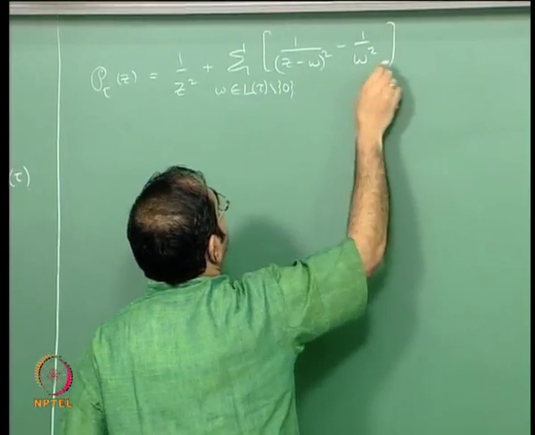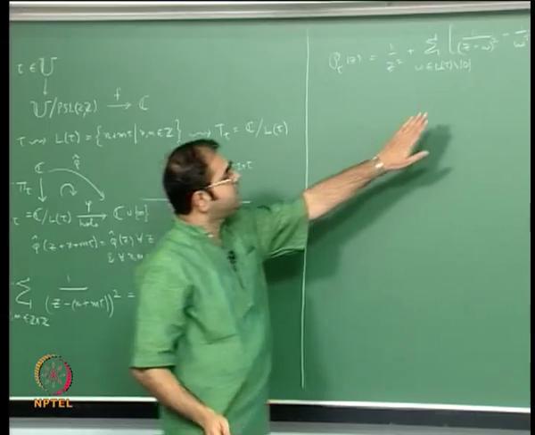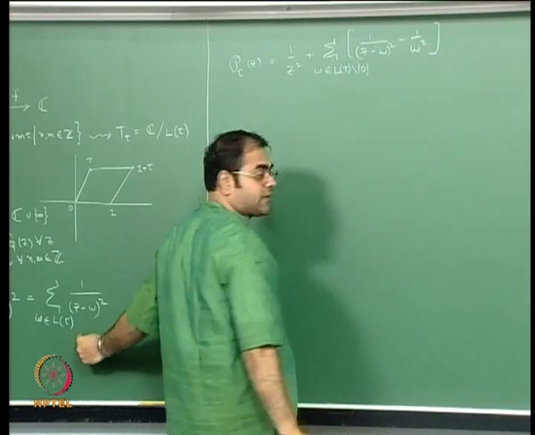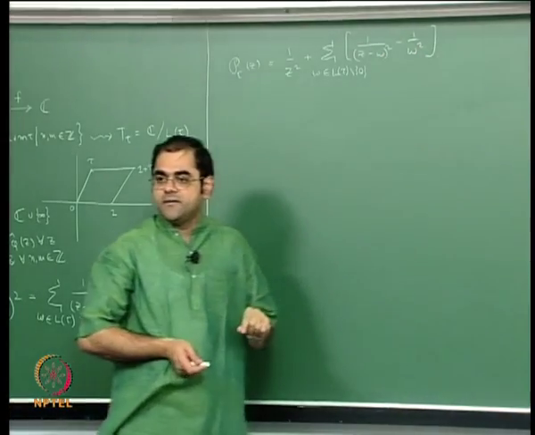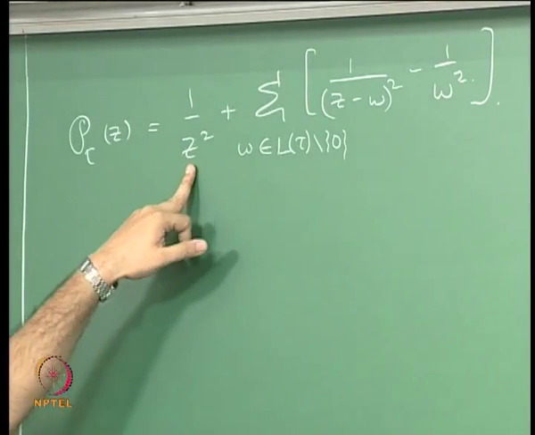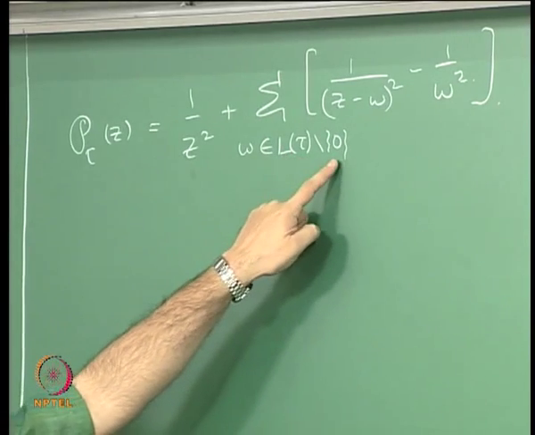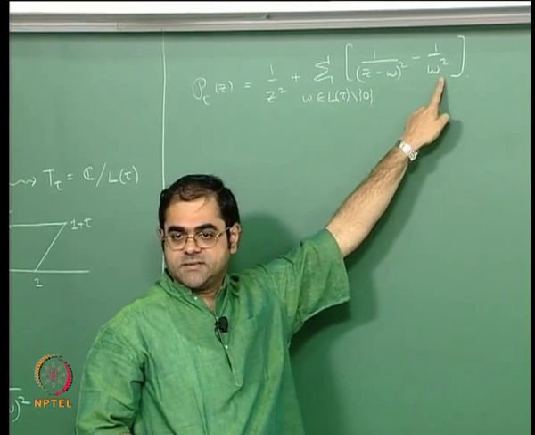If you forget this minus 1 by omega squared, then what I have written is exactly what was there before. The only thing is this extra minus 1 by omega squared is added. I have taken out this 1 by z squared, because if I include the origin then I cannot put 1 by 0 squared, it does not make sense.